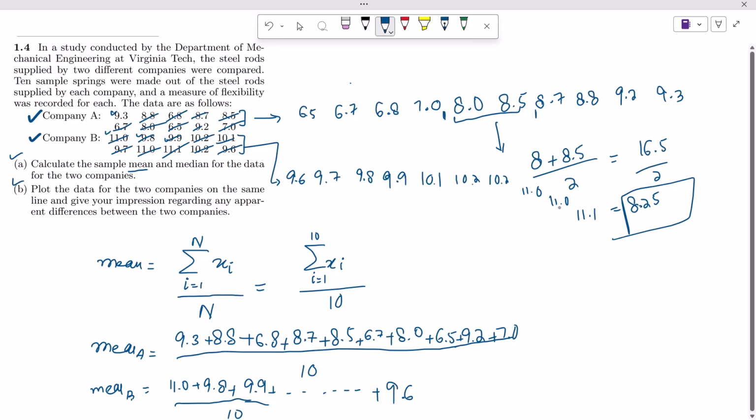Again, the total number of points here is even because this is 10. So 1, 2, 3, 4, this is the fourth one, and also 1, 2, 3, 4, this is the fourth one as well.